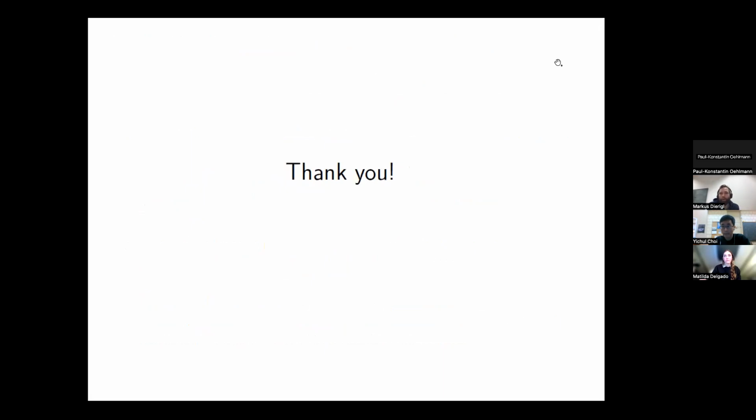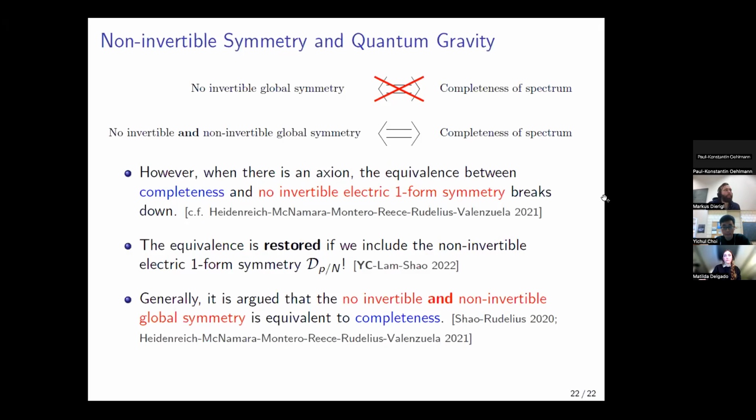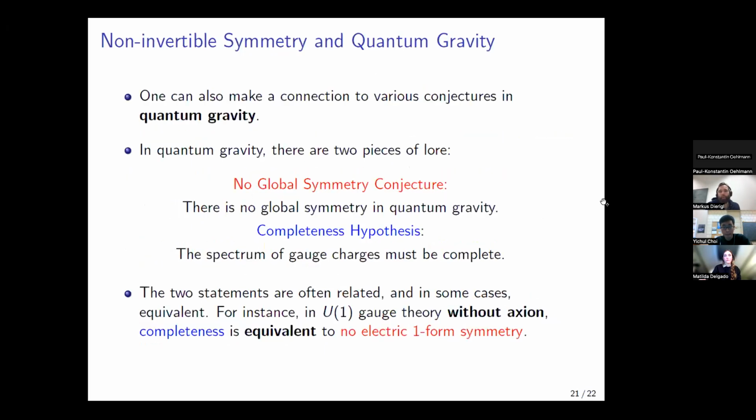So I would say for the completeness in quantum gravity, also the magnetic states play a role. So I also don't want the magnetic one-form symmetry left over once I go to the quantum gravity theory. Now, your non-invertible one-form symmetry measured the electric charge in a smart way, but had problems with the magnetic charge.